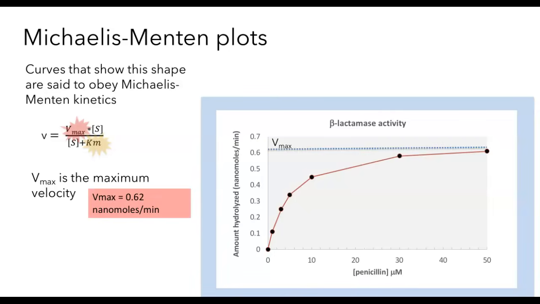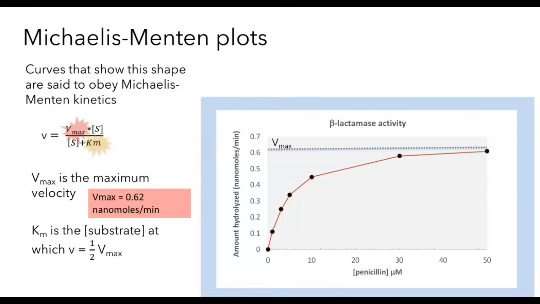So for this curve, it looks like the Vmax is about 0.62 nanomoles per minute. It's going to be a rate. Km is a little bit more complicated. Km is the concentration of substrate at which the reaction is running at half the maximal rate. So there's a couple steps that we need in order to solve for this. First, we need to know what Vmax is, but we just estimated that, right?